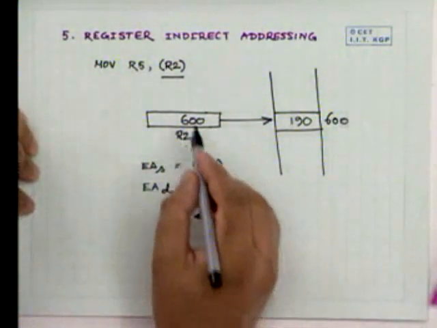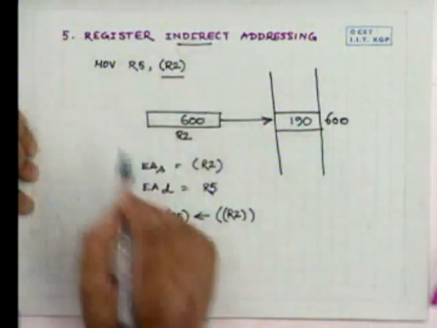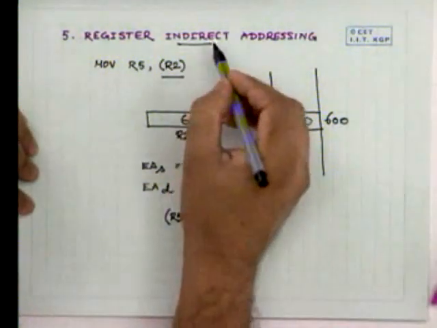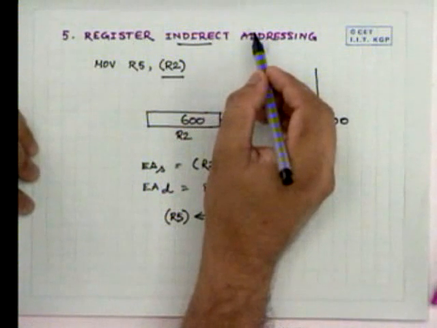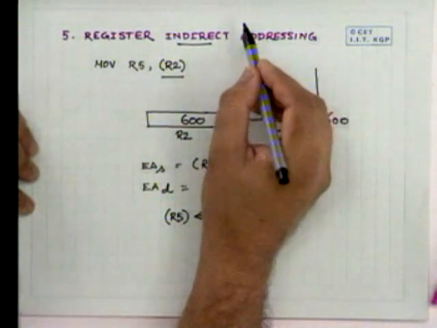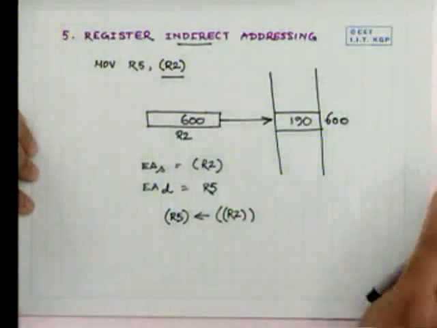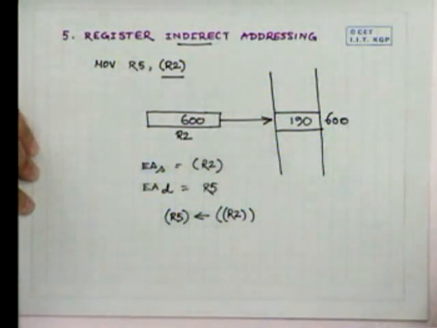Now, you see, basically this is indirect addressing, as has been told. We have given an indirect addressing mode example earlier. Now, these are useful in many ways.